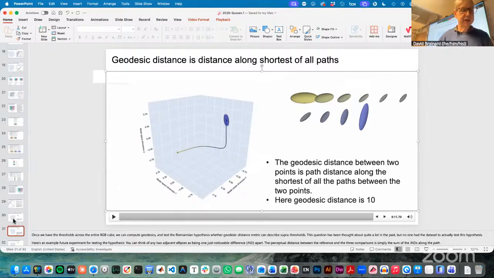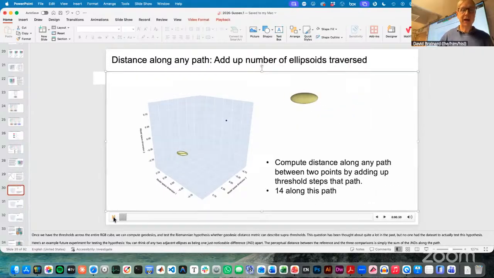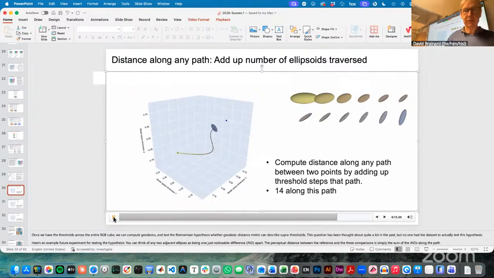But if I go to this one, here's some other path that is a more wandering path. And you'll see that when you go on this one, there are more. So this is a path that isn't the geodesic distance. It happens to be 14. But in each case, we're just adding up the ellipsoids, computing the distance.